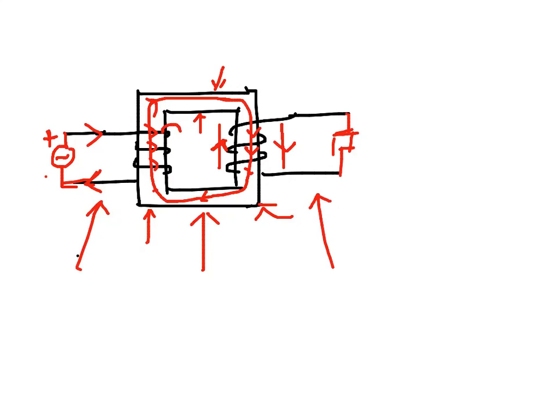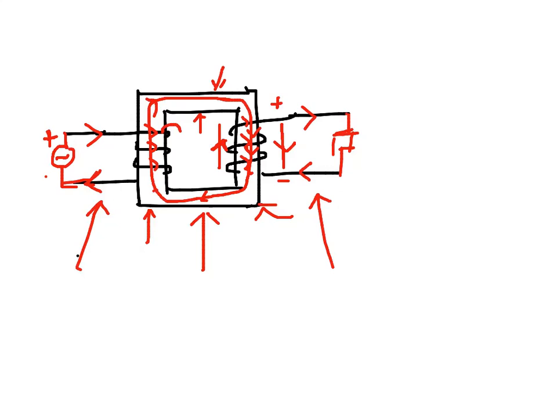So if we grab the core now, we can see that the current will go this way. So it has to come this way and this way. The current is such that it produces a flux upwards, trying to oppose the downward flux, which is the cause of the current in the first place. So this is how there will be an induced voltage here, which will result in a current.